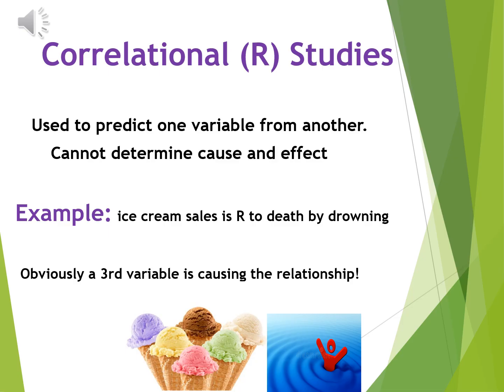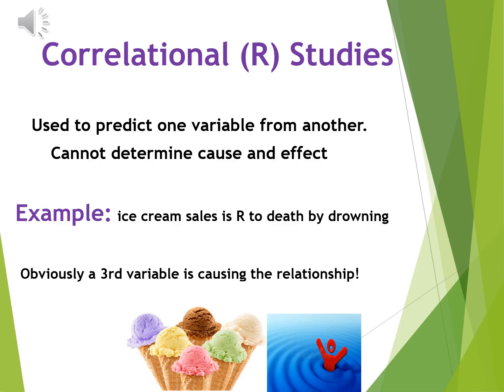Or vice versa. No, there's a third variable involved, which explains the pattern. Think for a moment. Death by drowning and ice cream sales. What would be the variable that was related to each of them? Temperature. On days with high ice cream sales, it's hotter, more people swim.